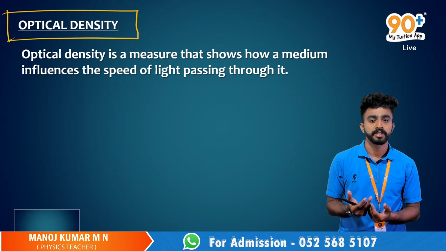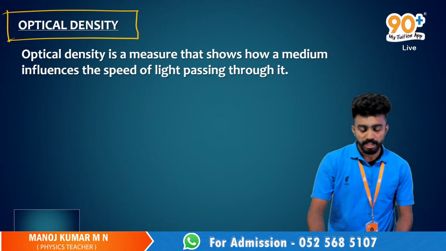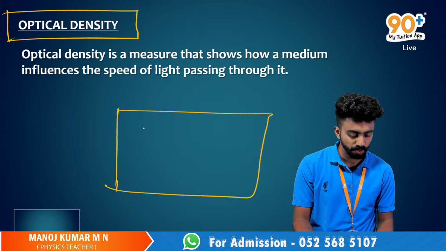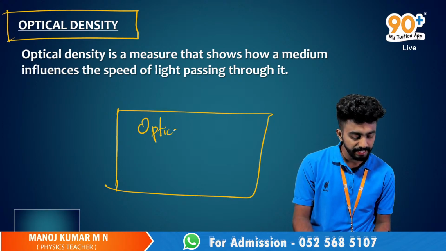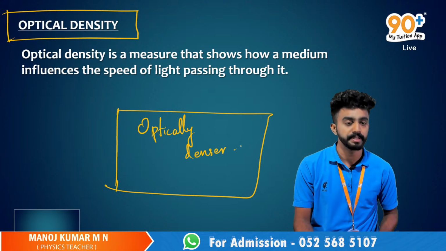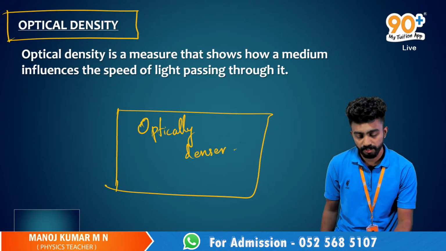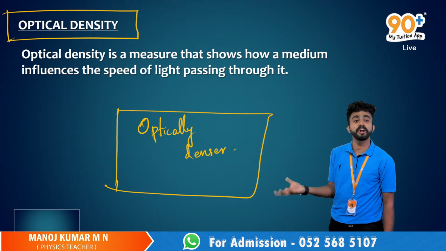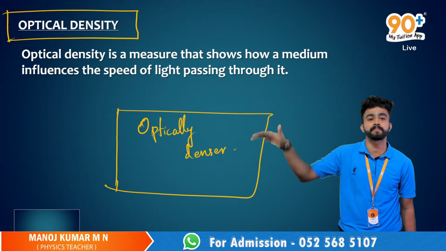So for example, if we are considering a particular optically denser medium, which means that more particles are influencing the optics through it.